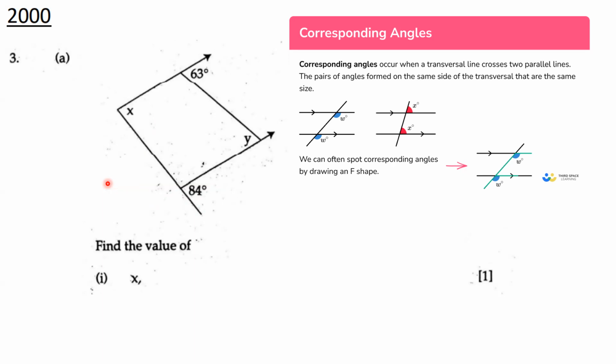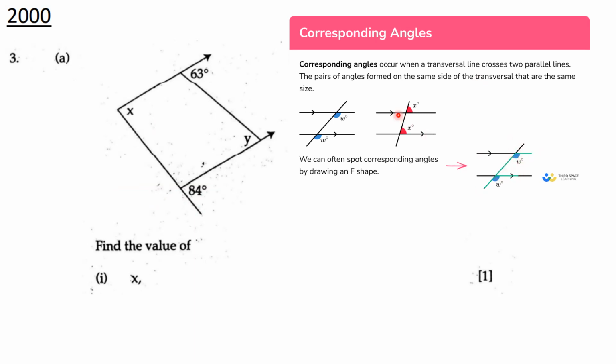This one is taken from 2000. It says, find the value of angle x. Now, in order to find the value of angle x, we need to use this important rule, which we call corresponding angles. Corresponding angles are equal to each other. And you can spot corresponding angles because they form an F. If you look carefully, this is an F shape, right?